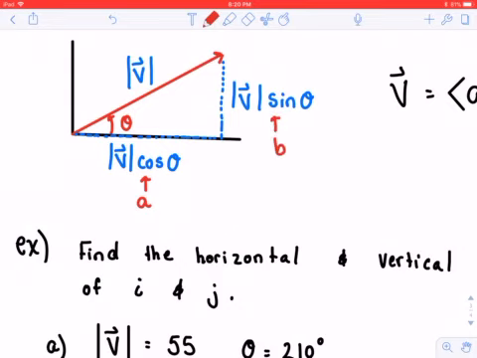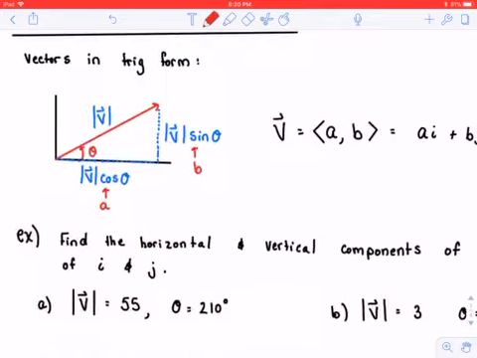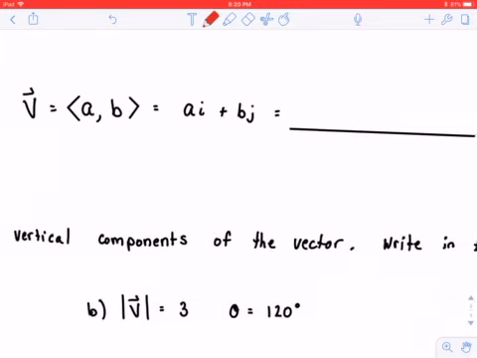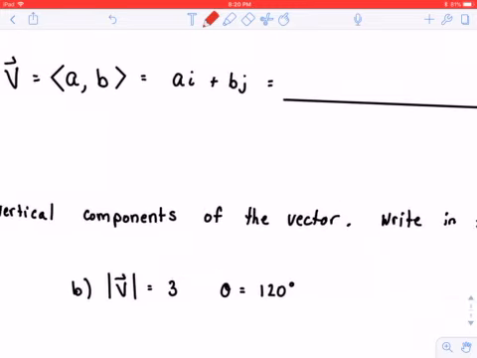So I can write a vector in component form in terms of sine and cosine, and when I do, I've now included that angle. So if you have your vector AB in component form or in terms of I and J, you can now write out your vectors in the following forms. You can call it magnitude V cosine theta, and magnitude V sine theta.